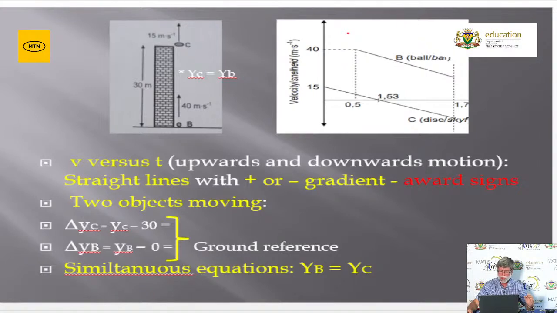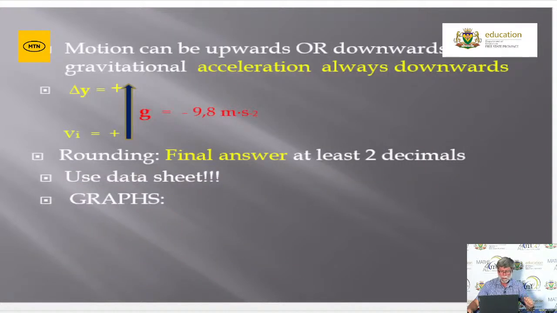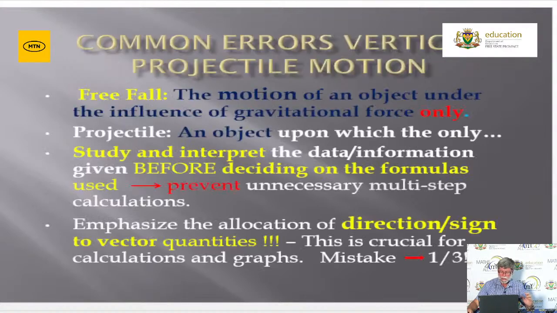So choose the correct formula so that you can calculate a 3 or 4 mark calculation with a single step calculation. Before you start off, make sure that you identify the most effective formula. The formulas are on the data sheet, so please use your data sheet.